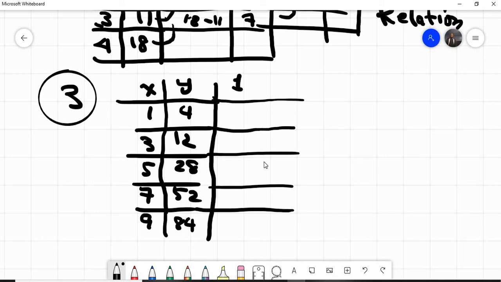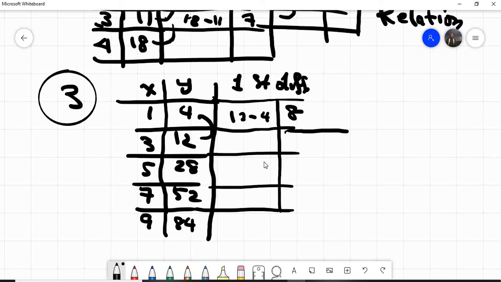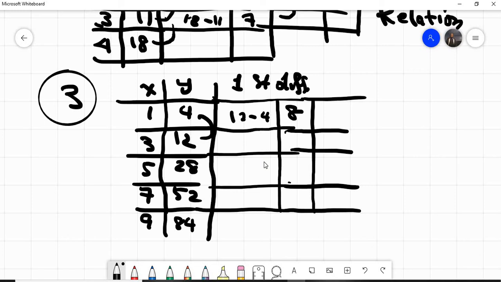First we perform the first difference. 12 minus 4 is 8. Then 28 minus 12 is 16.